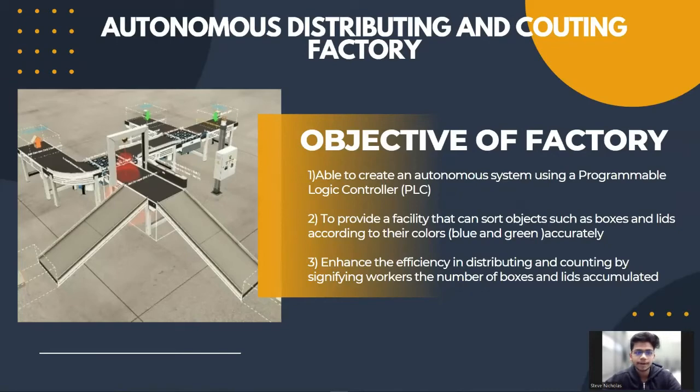The objective of our factory is to create an autonomous system using a programmable logic controller, PLC, to provide a facility that can sort objects such as boxes and lids according to their colors, in this case blue and green, accurately, and also to enhance the efficiency in distributing and counting by signifying to the workers the number of boxes and lids accumulated. So these are the objectives of the factory.